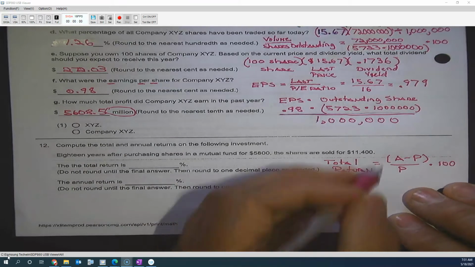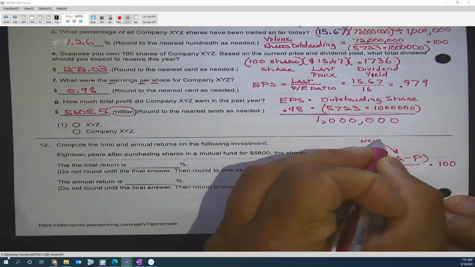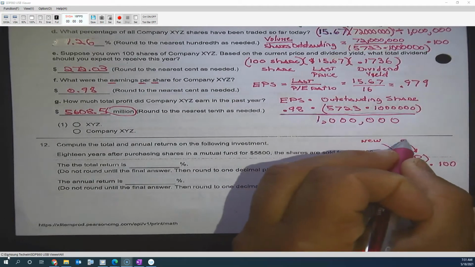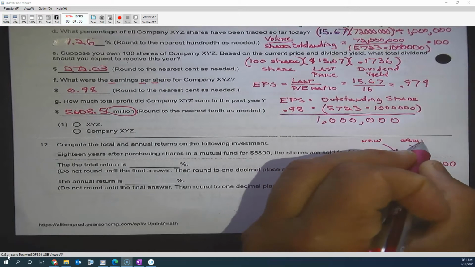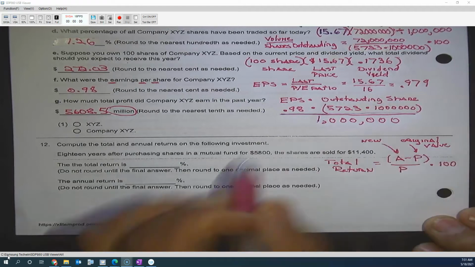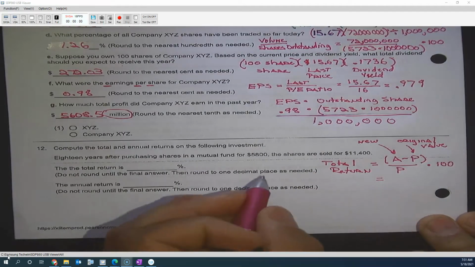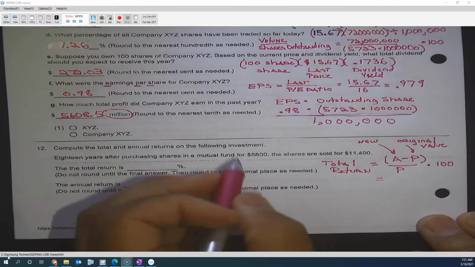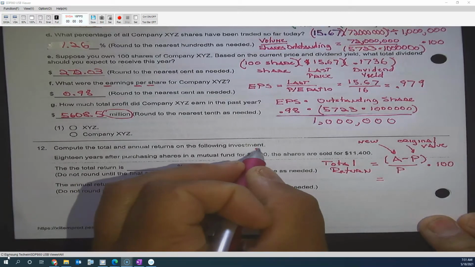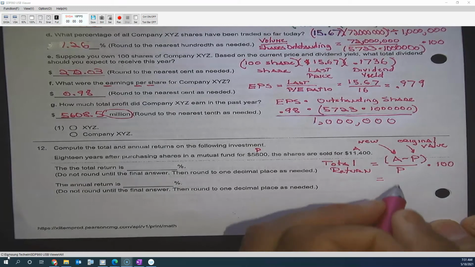Okay, A is the new value. Okay, P is the original value. Right, so that would be, let's see, we bought it for $5,800, so that's P, and it's now at 11,000.